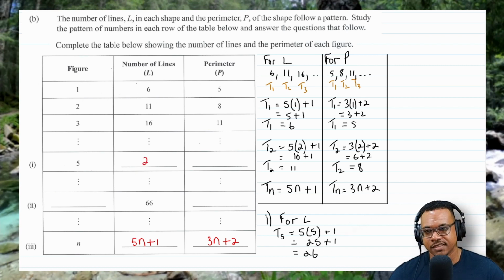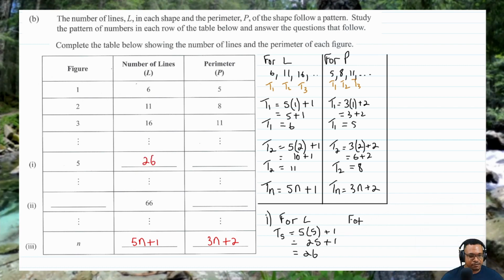And that's why we know 26 comes in here. And for the perimeter, the fifth term will be 3 times 5 plus 2. So that's 15 plus 2, which is equal to 17. And that's our fifth term for the perimeter. And that's why we know 17 comes in here.